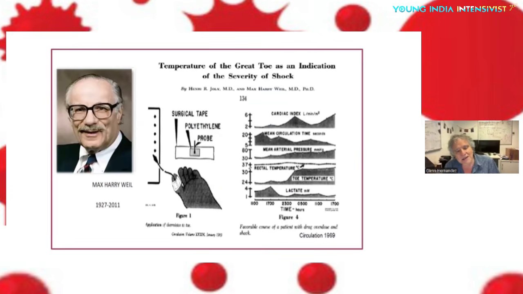Peripheral perfusion has a long story, but in modern times, the most important study in the 60s, sorry, was from Professor Max Harry Weil, who is the father of shock. In this nice paper in Circulation, 1969, he showed that the temperature of the big toe was as strong a prognostic marker as lactate, disclosing the relevance of peripheral perfusion.